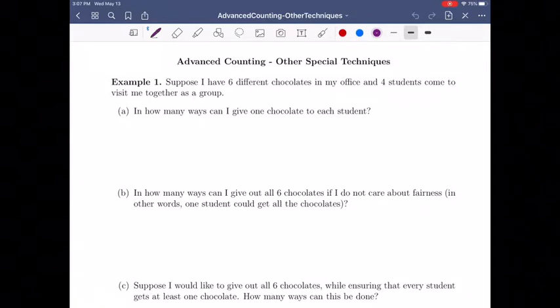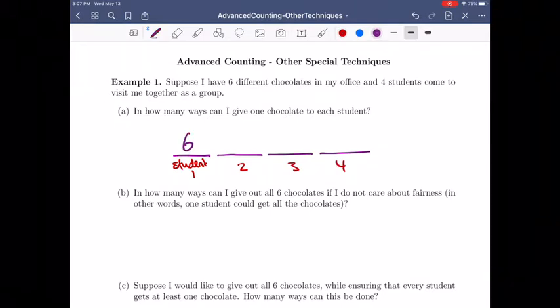I'm going to go to student 1 and then give them a chocolate. And then I'm going to go to student 2 and give them a chocolate, okay, etc. So I could break this problem down using the multiplication principle into 4 steps. Okay, so student 1, 2, 3, and 4. So for student 1, I have 6 options for chocolates to give them.